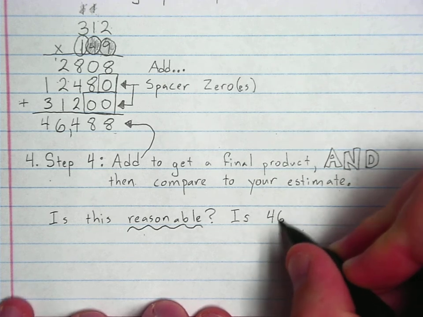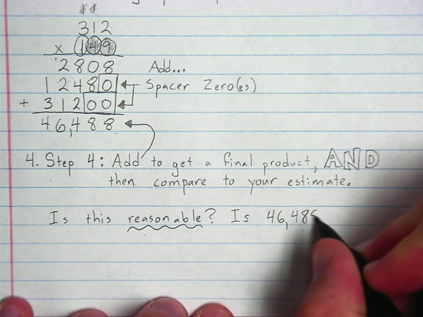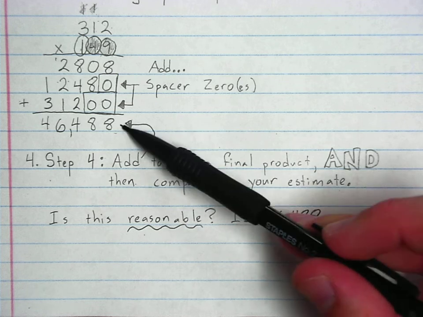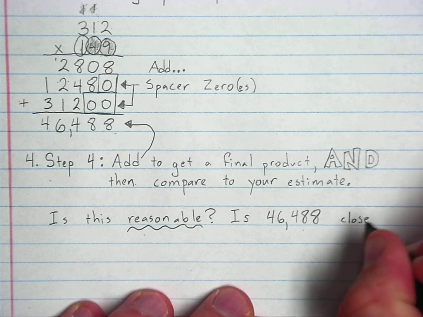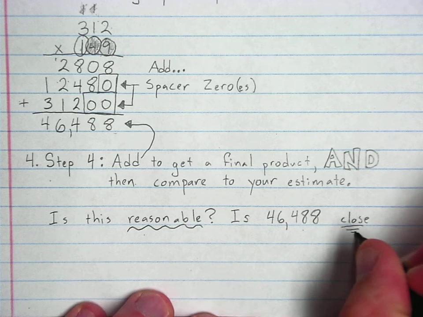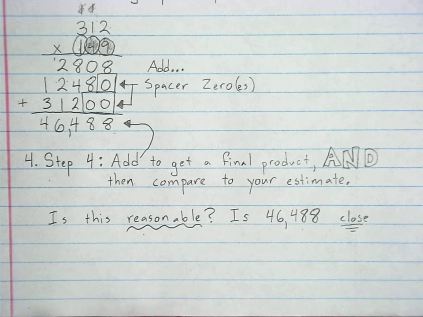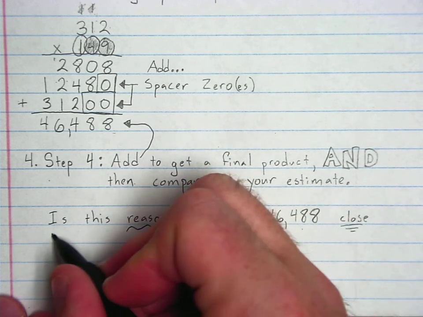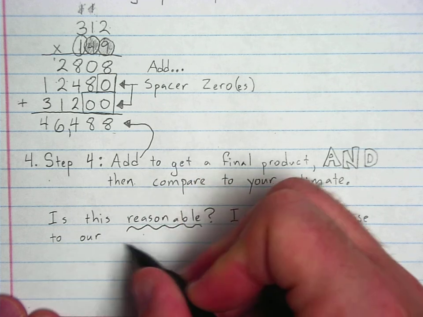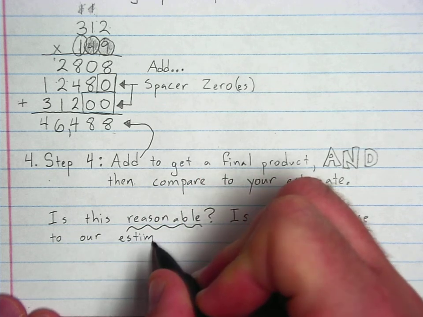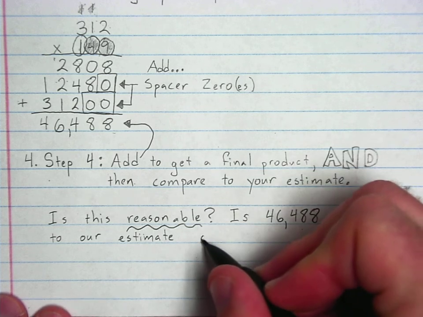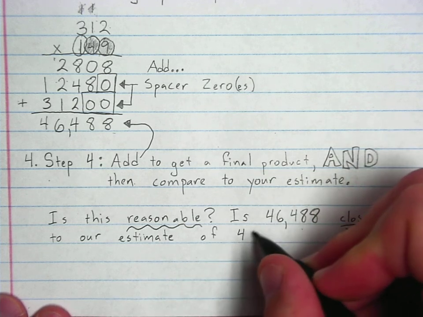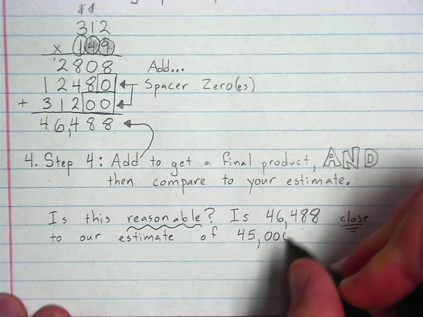Is 46,488, that right there, is that close? And this is the key. It will never be exact. It just has to be close to our estimate. Is this close to our estimate of 45,000?